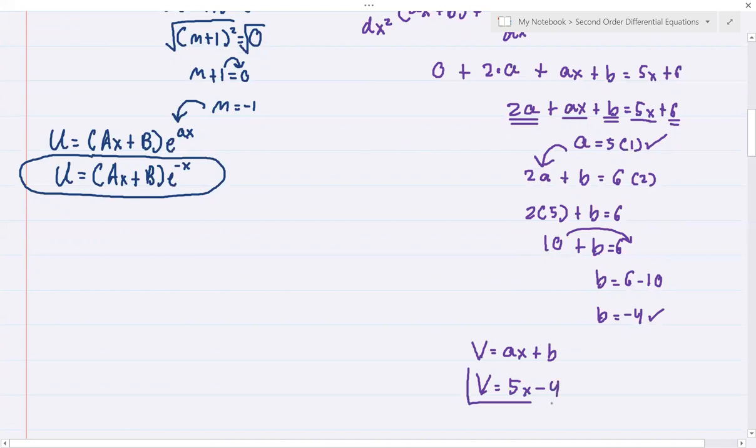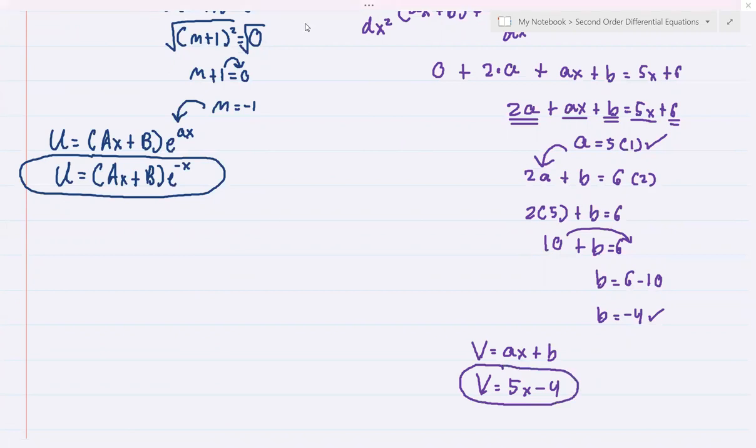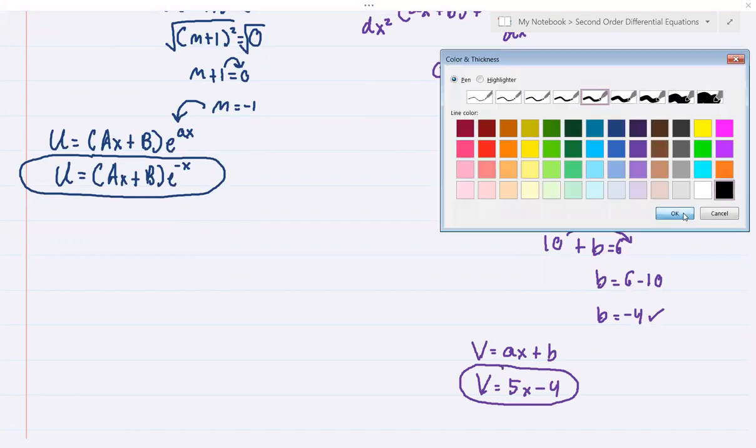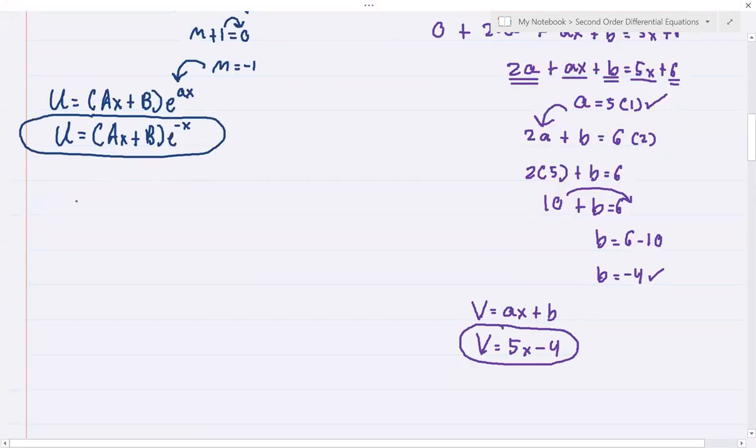So that is your b function. So what would be your general solution? The general solution is y equals u plus v.